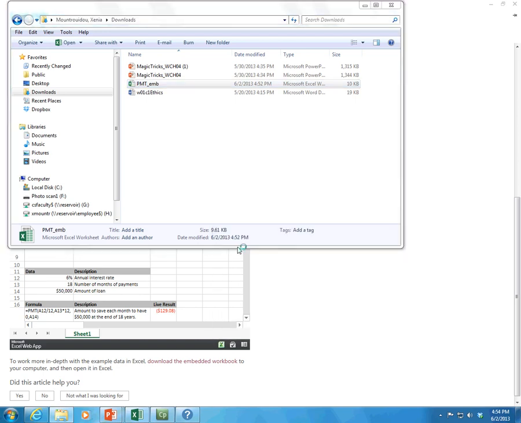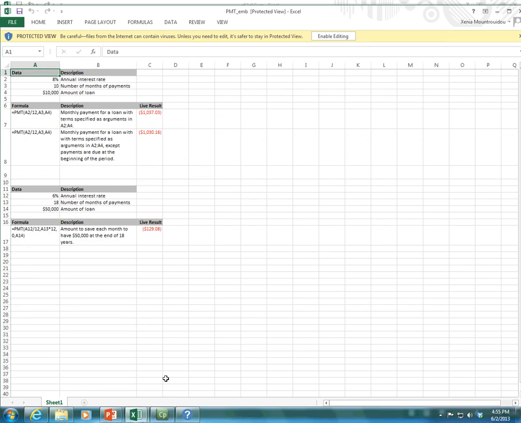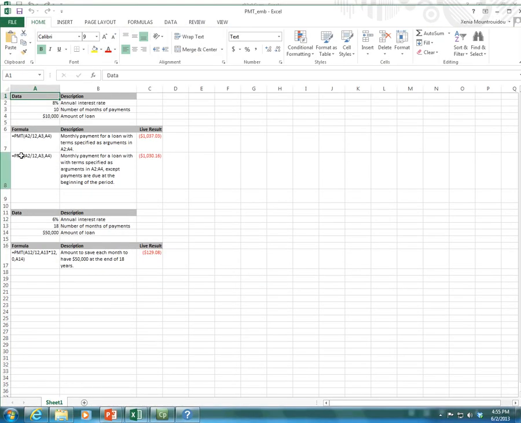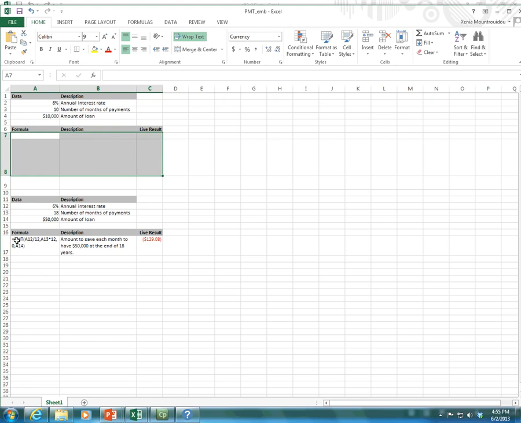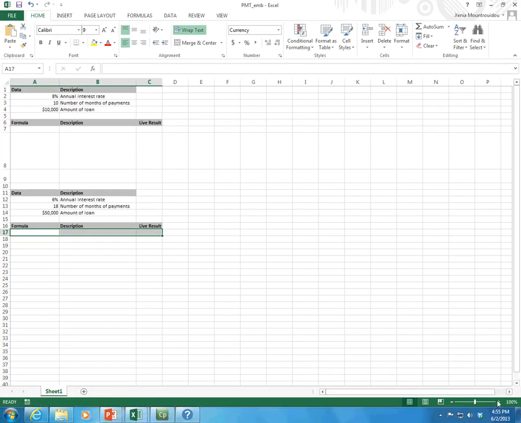I will cancel this little spreadsheet that I was modifying because I want to open the example and enable editing. Okay, now I've got my nice example and I'm going to delete the solution. I'm not even looking at it, and I'm going to try to create my own solution based on the PMT formula.